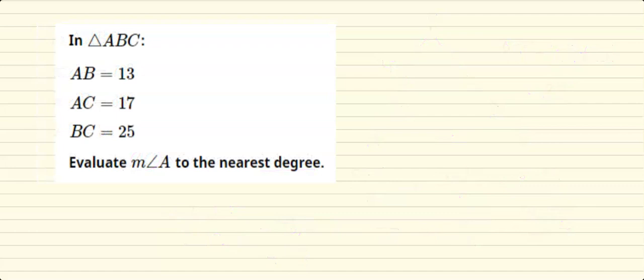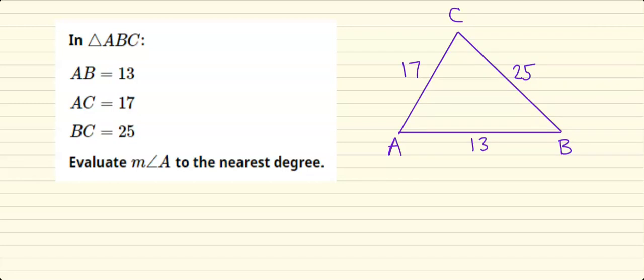Okay, let's look at this one. We've got triangle ABC. We have all three sides, but we don't have any of the angles. So if we don't have at least one angle, we can't use law of sines. But we can use the law of cosines. And the law of cosines says this.